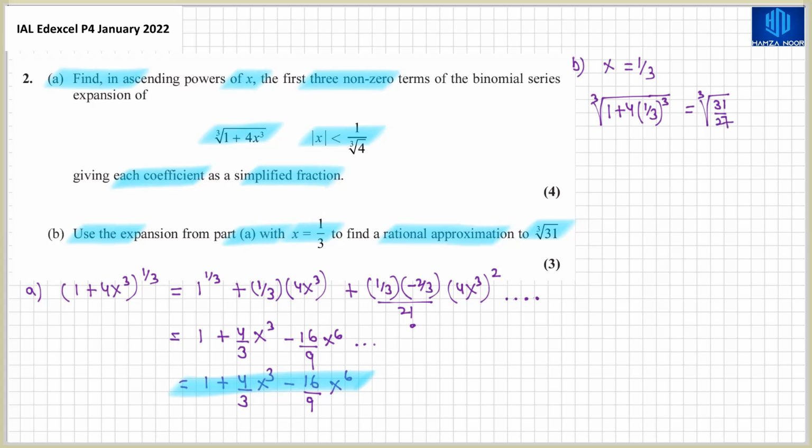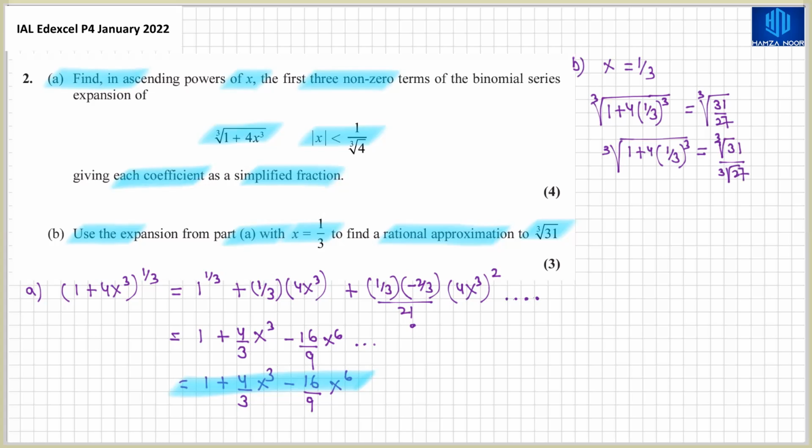We need to find an approximation for the value of the cube root of 31. So now I can say that the cube root of (1 plus 4 times (1 over 3) cubed) equals the cube root of 31 divided by the cube root of 27.